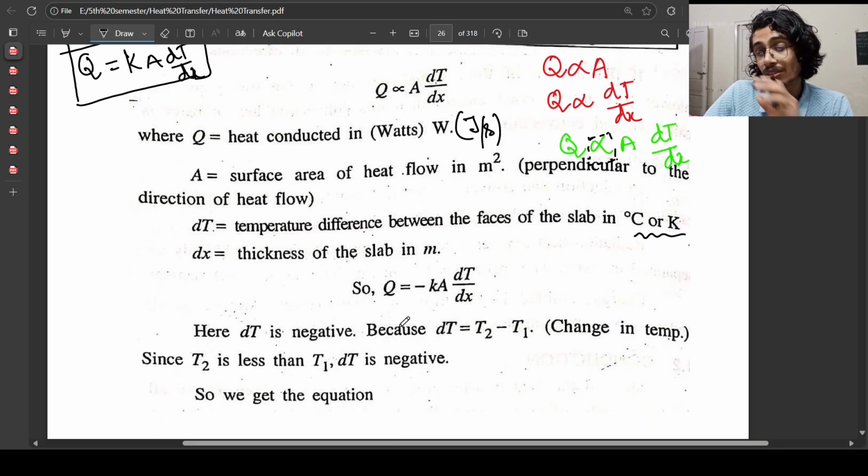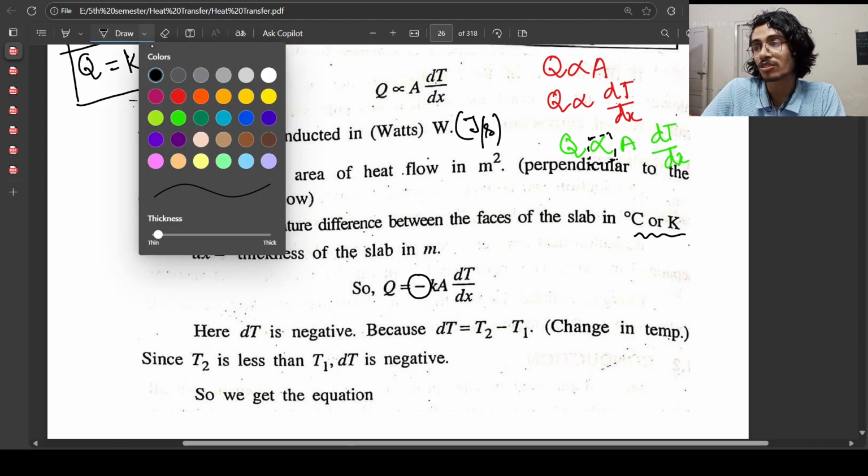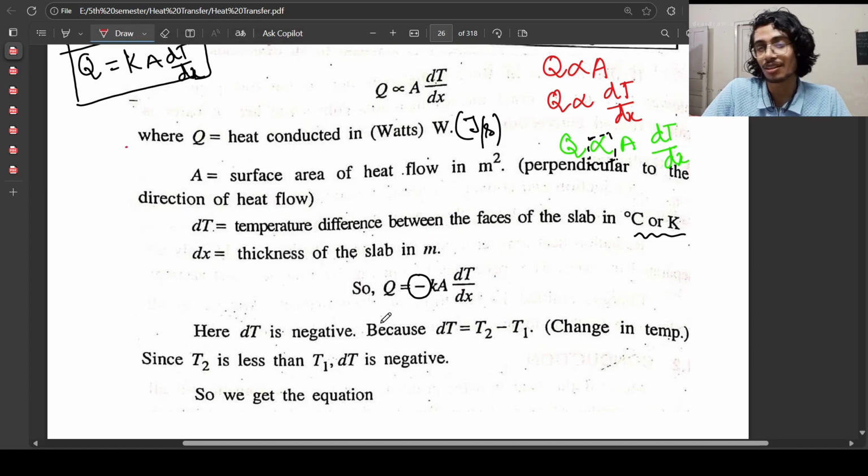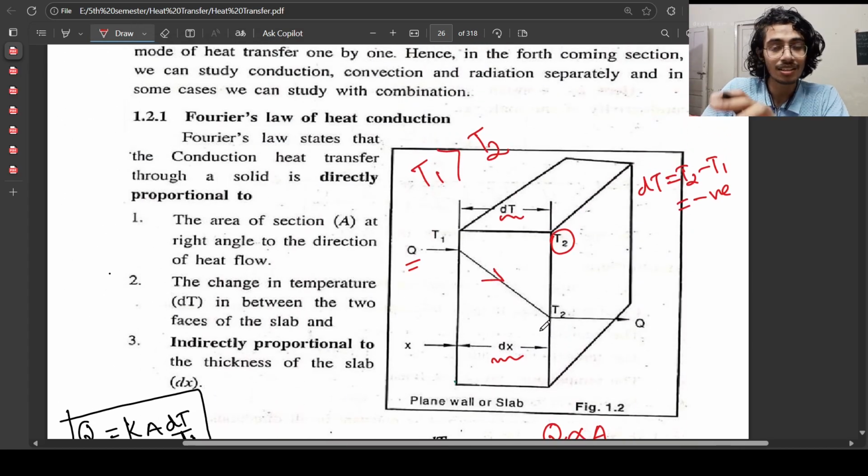So they have taken all the units in the SI system. Now, one thing that may confuse you, or you may think they wrote it mistakenly, is that Q is equal to negative K A dt over dx. Why is this negative coming in this equation? That is because I have already told you in the beginning that dt is the difference of temperature, T2 minus T1, because the difference we generally measure is final minus initial.